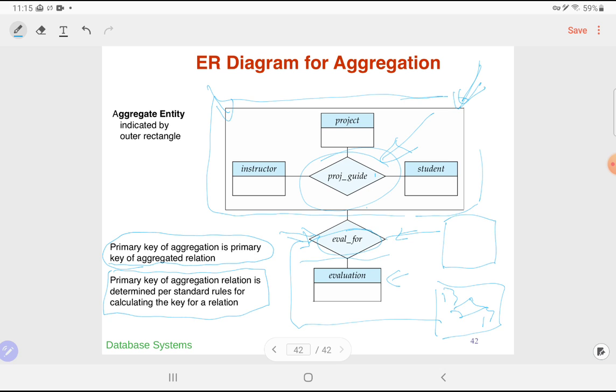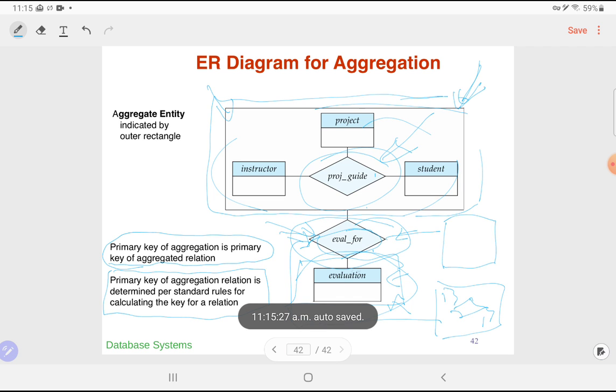A superkey is the primary key of the two entities involved, so the primary key for this aggregation and the primary key of this evaluation will be the starting point of the primary key for this relation. Then to determine whether the primary key can be less than that will depend on the cardinalities between the entities or aggregate entities involved.